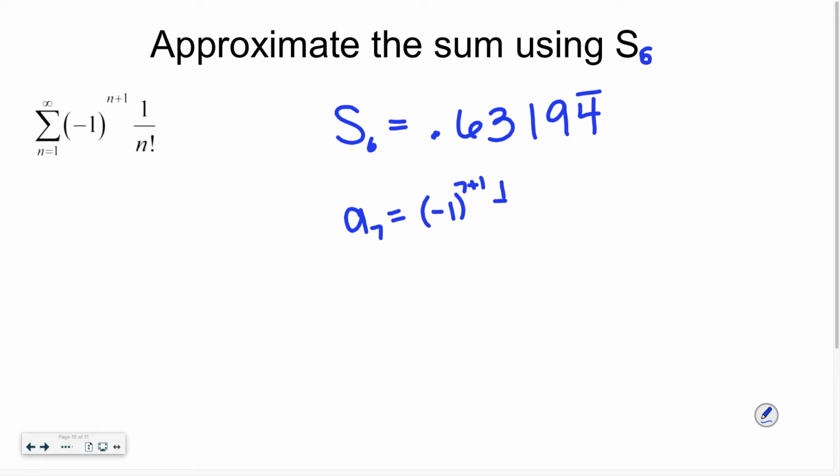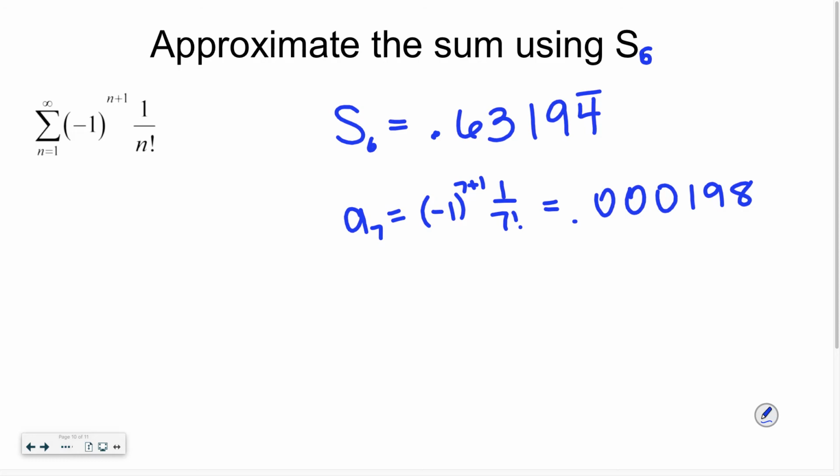It's 1 over 7 factorial, people. Okay, 0.00198.